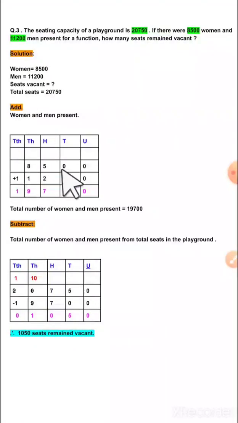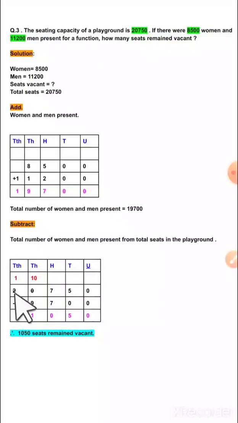First we will add the number of women and men present for the function. Write the number of men, write the number of women and add. 0 plus 0, 0, 0 plus 0, 0, 5 plus 2, 7, 8 plus 1, 9 and 1, 19,700. So the total number of women and men present is 19,700. Now subtract the total number of women and men present from the total seats in the playground.